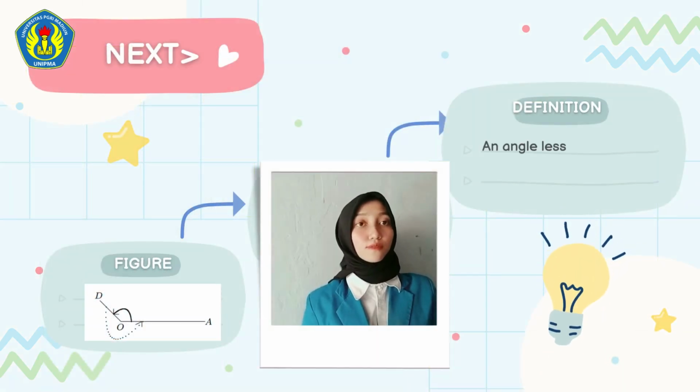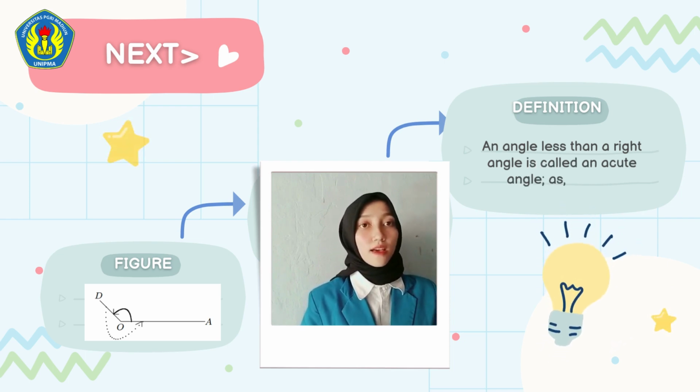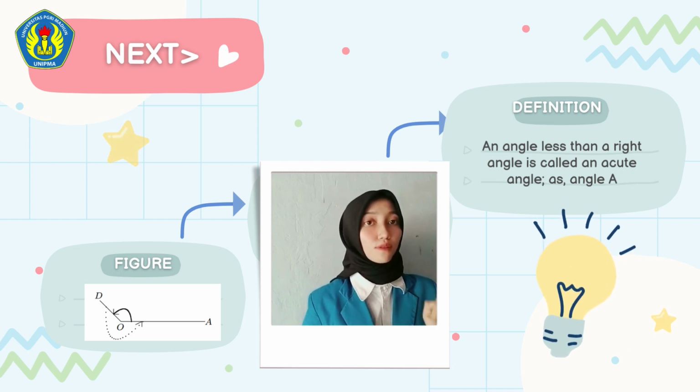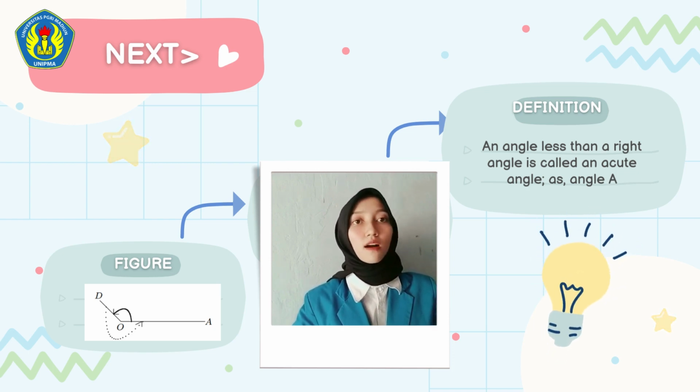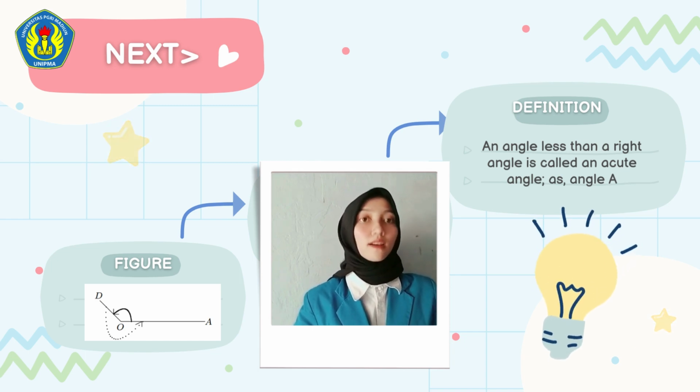Take a look at this figure. An angle less than a right angle is called an acute angle, as angle A. Angle A in this figure is an example of an acute angle, as the angle is less than 90 degrees.